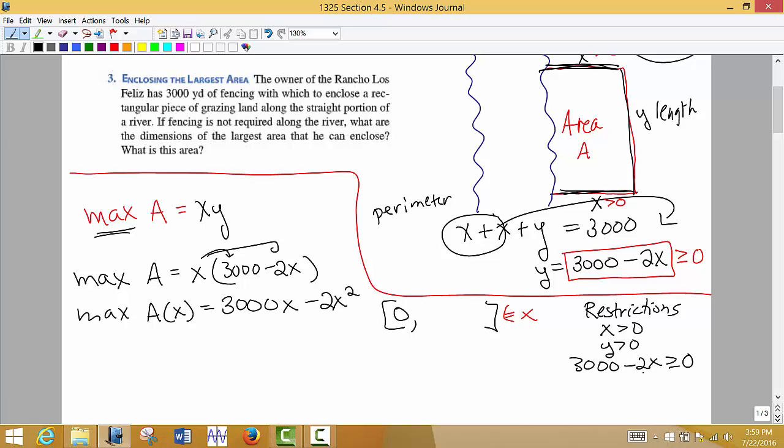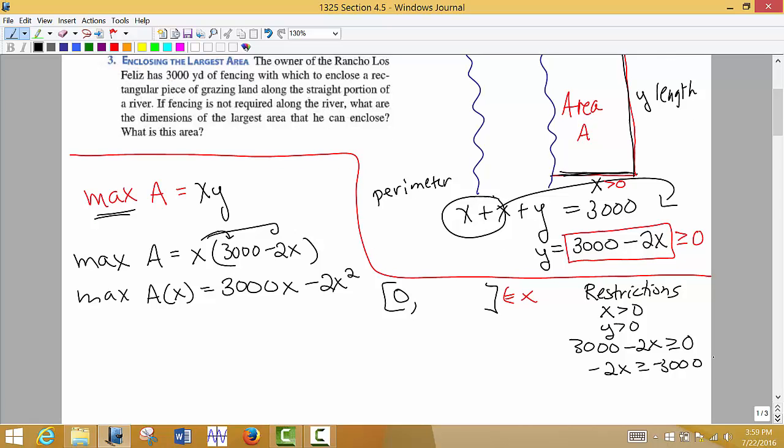Okay, so let's solve for x here. I'm going to subtract the 3000, bring it to the other side of our inequality symbol, and divide both sides by -2. Now remember, when we divide by a negative, we have to flip our inequality symbol. So this means that x has to be less than or equal to 1500.